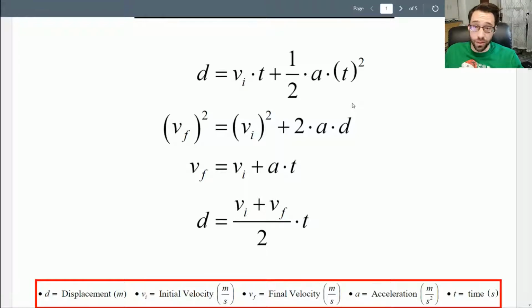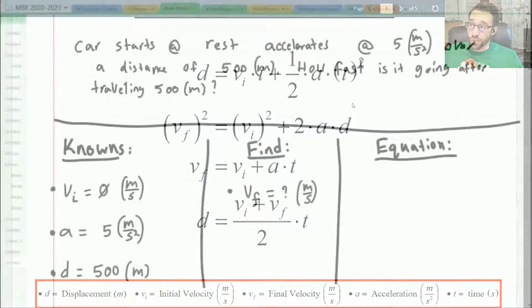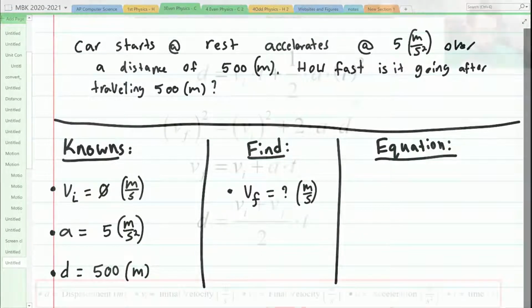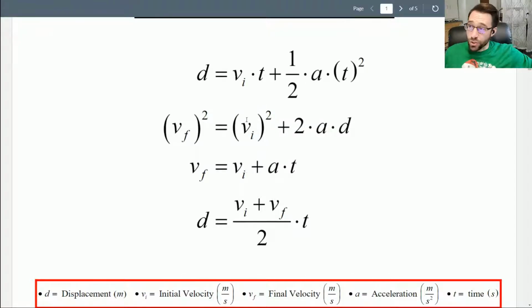Okay, because I've already done all the algebra. So I want something that only has v sub f on the left side. Cool. So if I switch over back here, would this equation be useful? Does this one right here have v sub f by itself on the left side? No. Why does this one not have v sub f on the left side by itself?